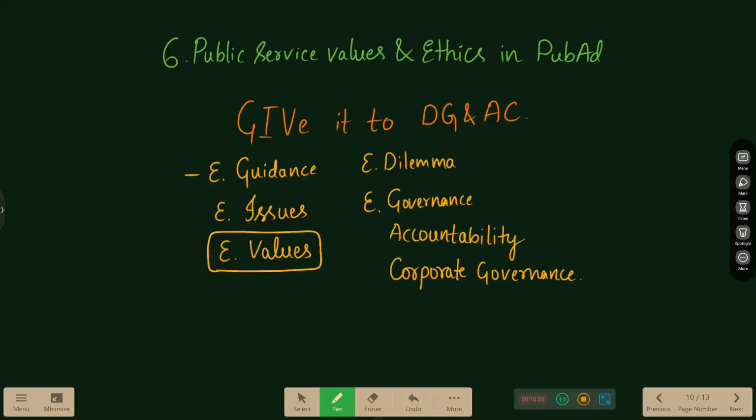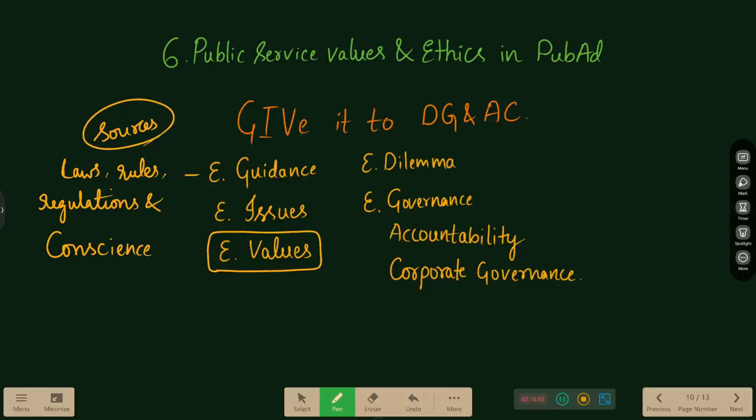The source is laws, rules, regulations, and conscience. These are the sources for ethical guidance, ethical issues, ethical values, ethical dilemma, ethical governance, accountability, corporate governance.